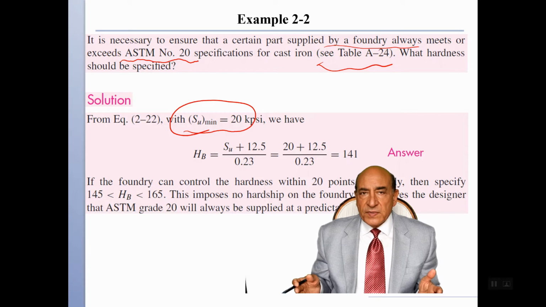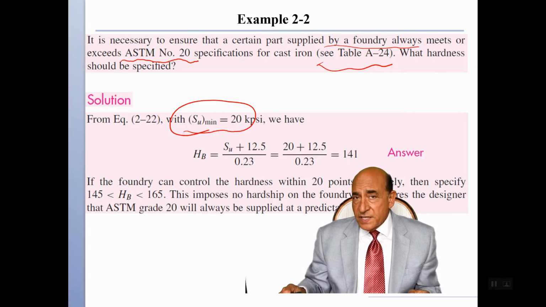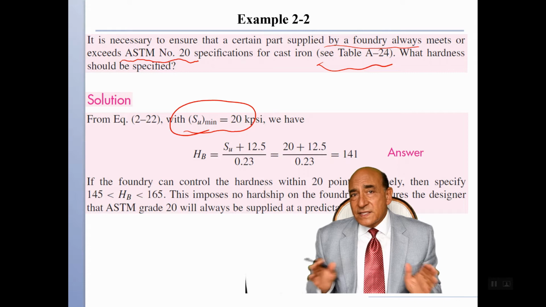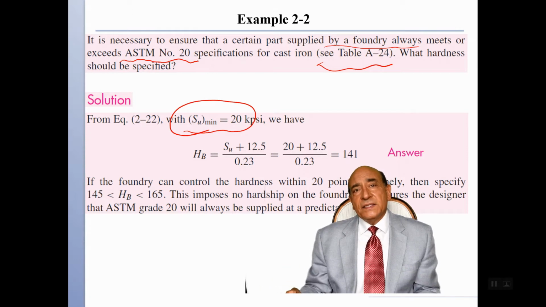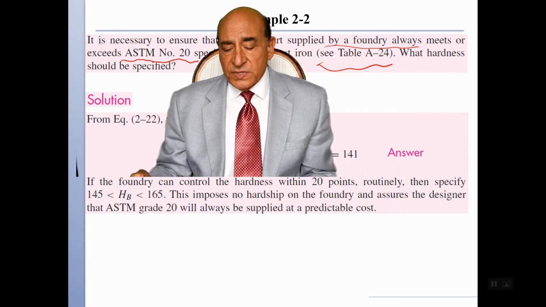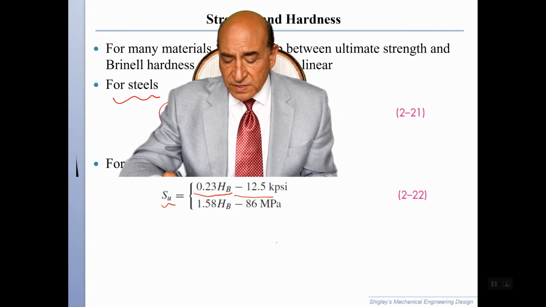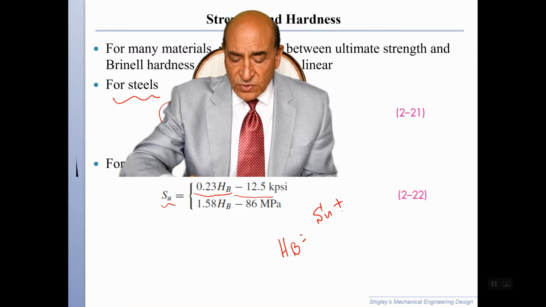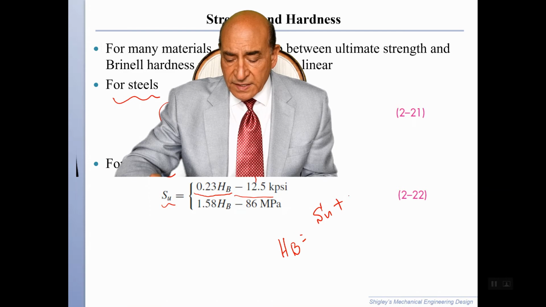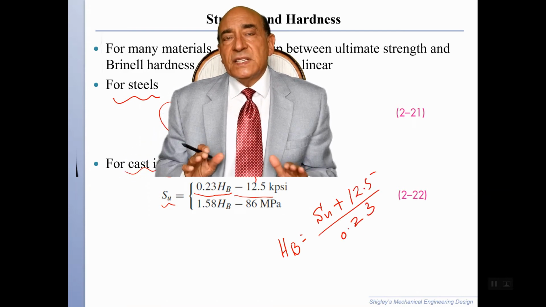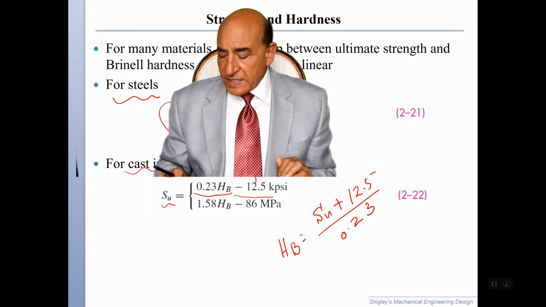So how do we know from the foundry? All you can do is determine what is the range of the Brinell hardness number that we can have on our dial, and then we can go and test different samples. From the previous relationship, if I want to have H Brinell, then I can take the S ultimate and take the 12.5 to the other side and then divide it by 0.23, and that should give me the value of the Brinell number that is acceptable.